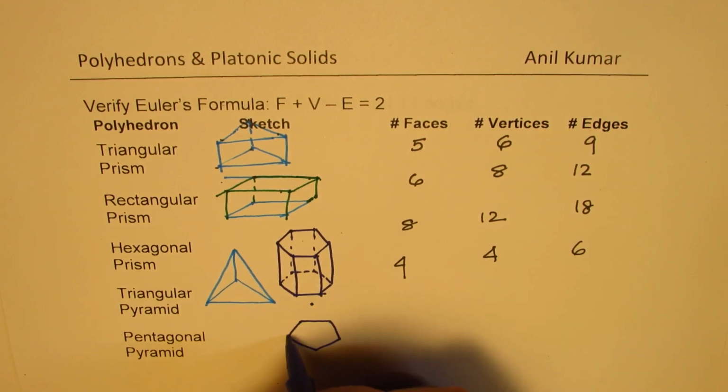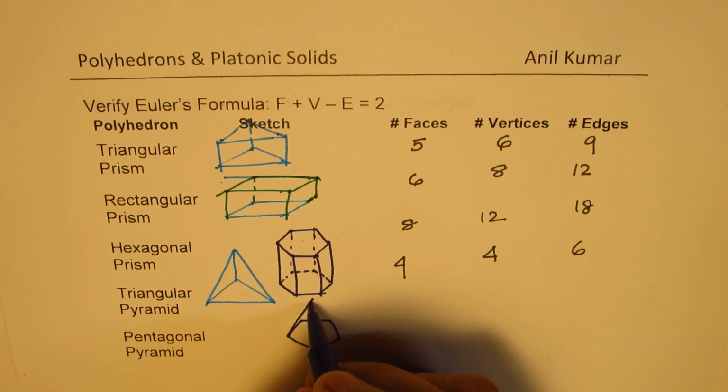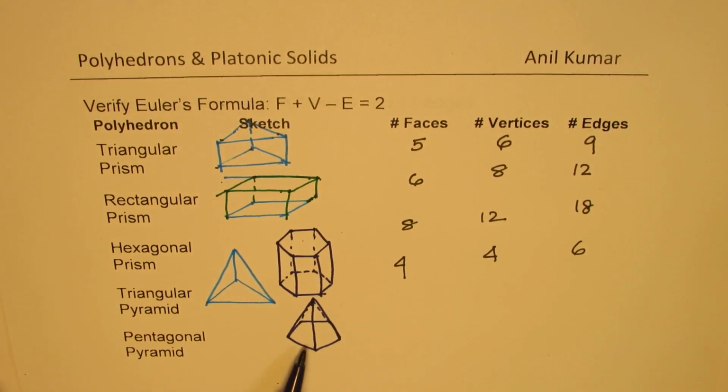So let me just take one like this so that we could actually show you how it looks. So that is your pentagonal pyramid, which has how many faces? 1 at the bottom, which is a pentagon, and then we have all these triangles.